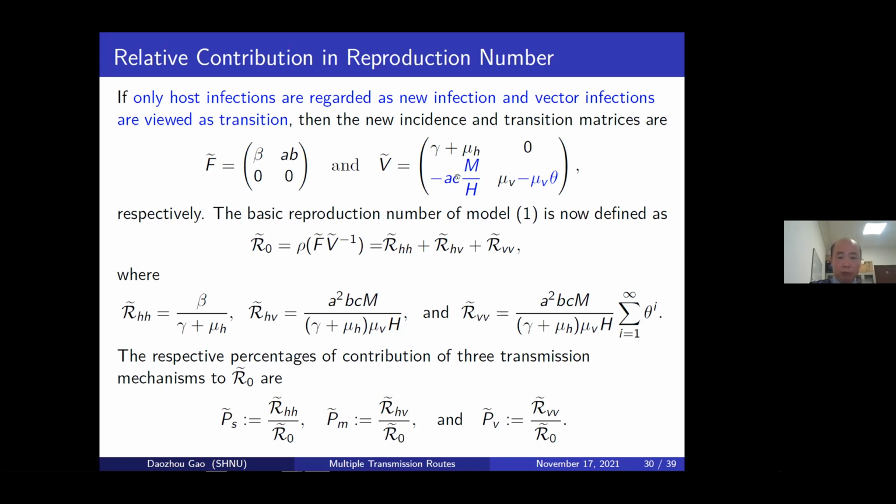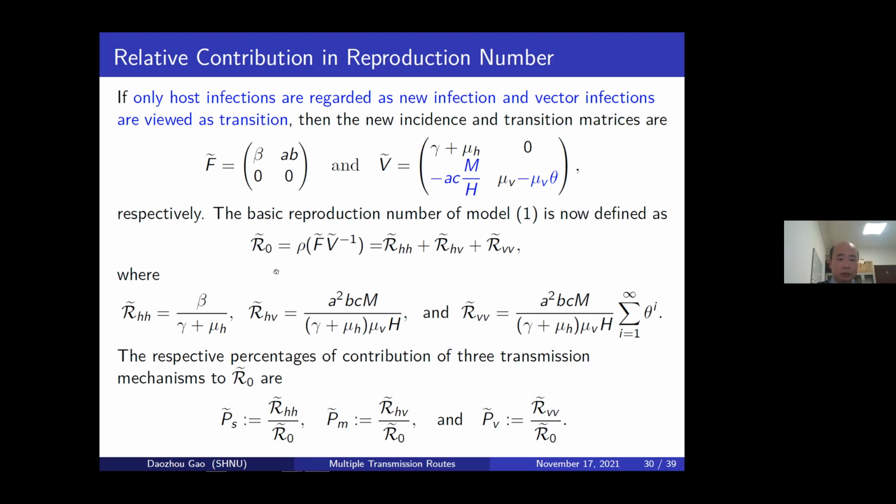Here we move these two terms, the ACM over H and the mu V times theta, which were previously in the F matrix, from the incidence matrix to the transition matrix. Then we can define a new reproduction number.